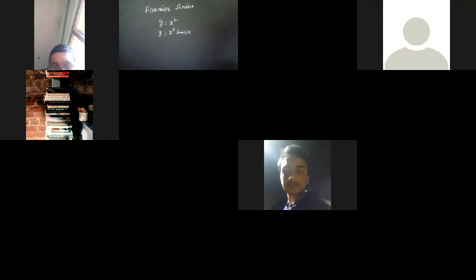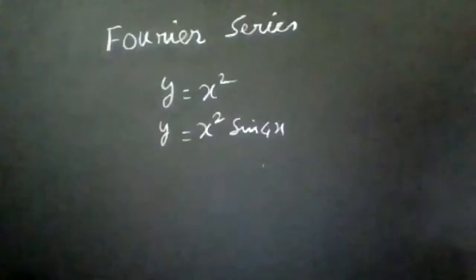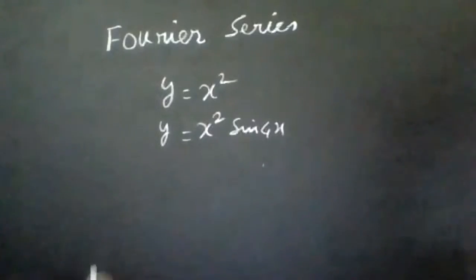Here y equals x square sin 4x, there can be many kinds of functions like this. Now in this case we have an elegant definition of a function using set theory.